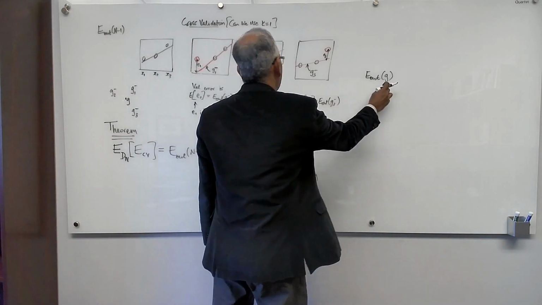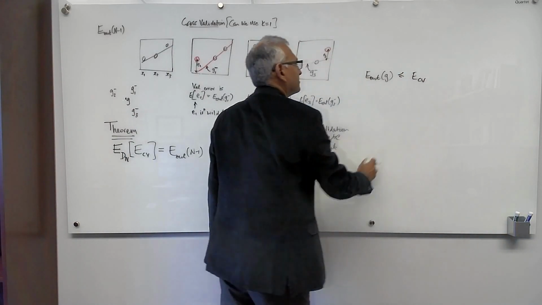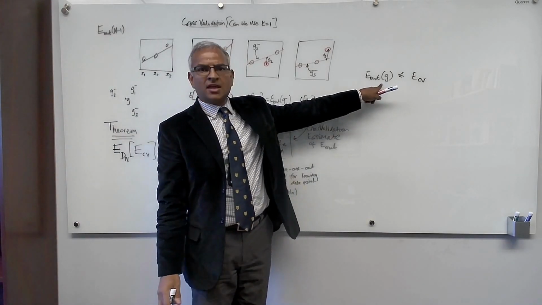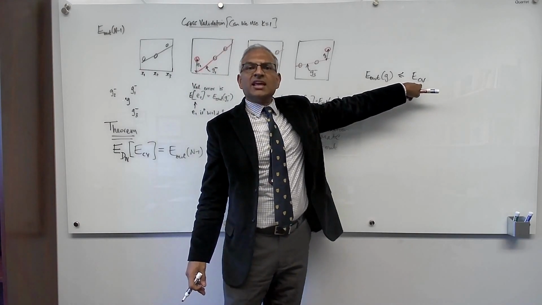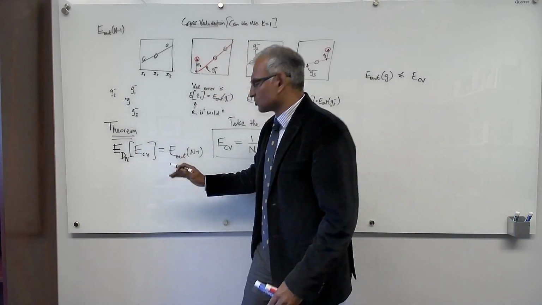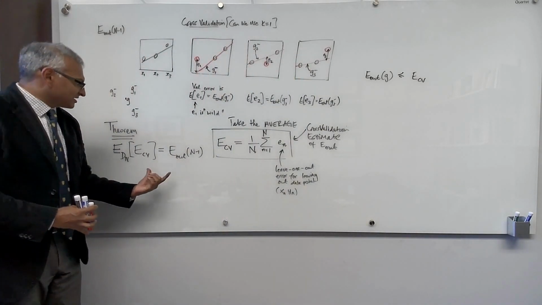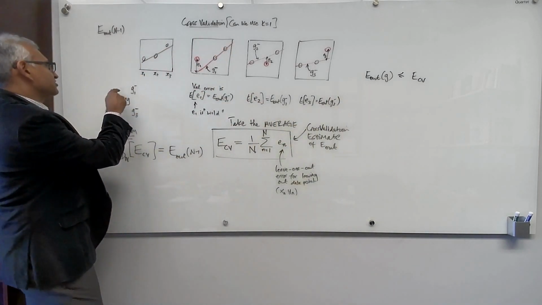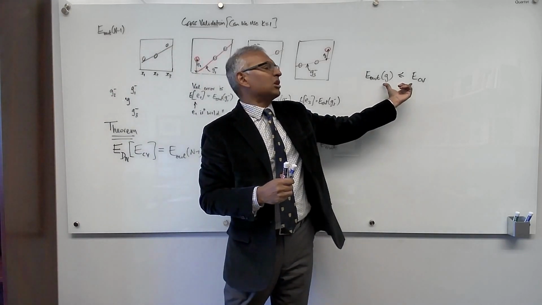So typically, E out of g will be less than or equal to ECV, because this is the error after having learned on n data points, while ECV is an estimate of the error having learned on n minus 1 data points. And it's a pretty good estimate of E out of g because these deficient hypotheses only differ from g by just 1 data point. So these are very close.